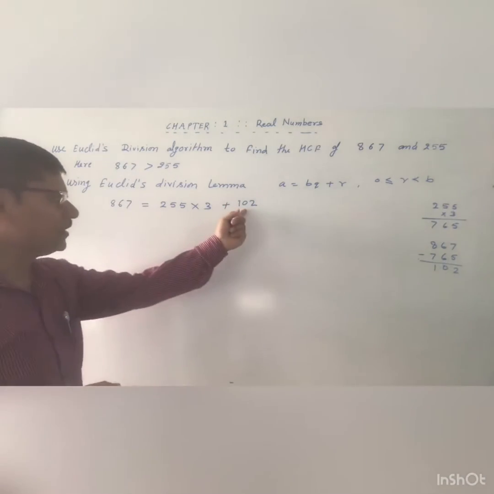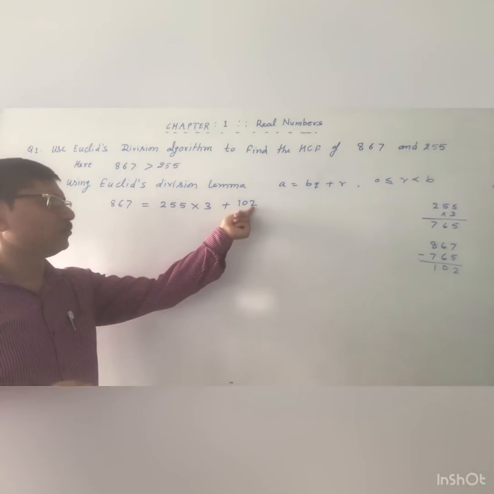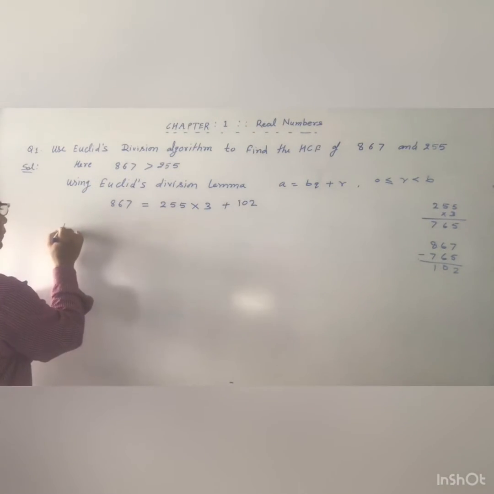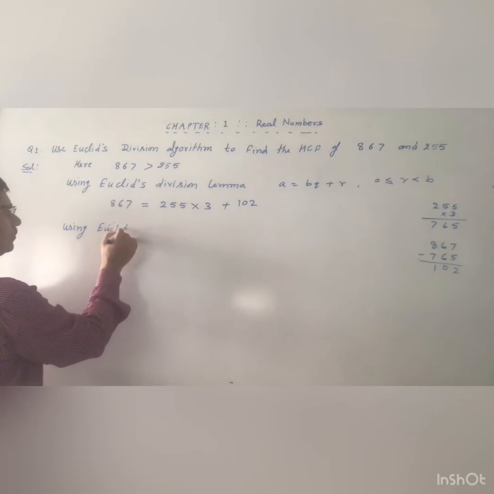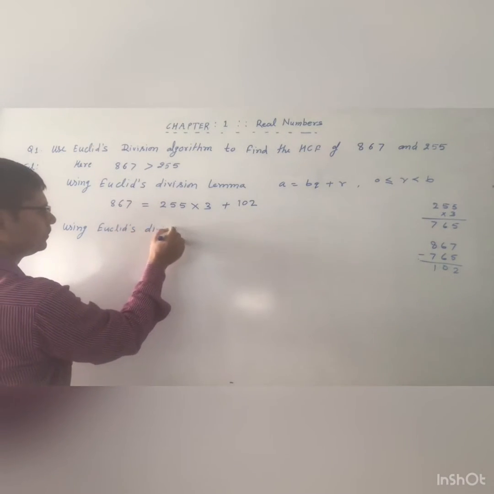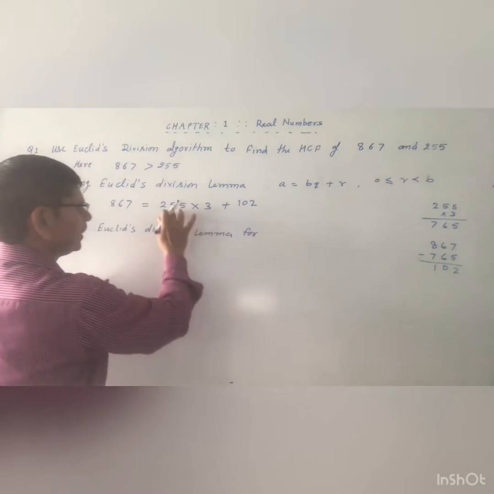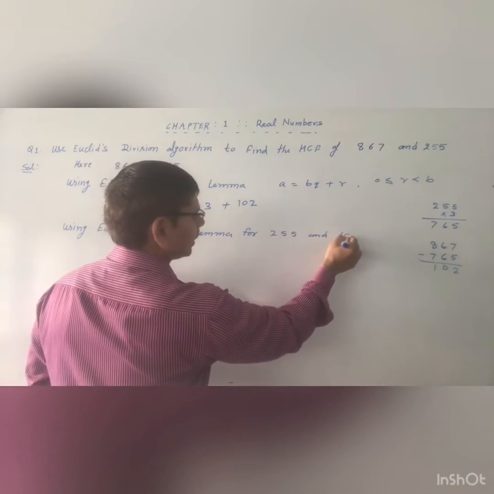So now here R is not 0, so you can apply Euclid division lemma once again for the numbers 255 and 102.